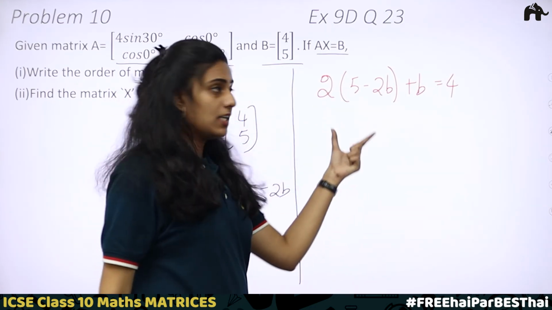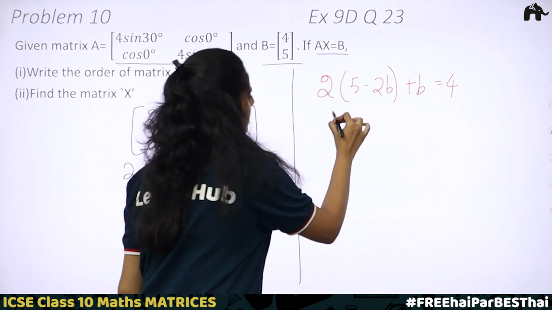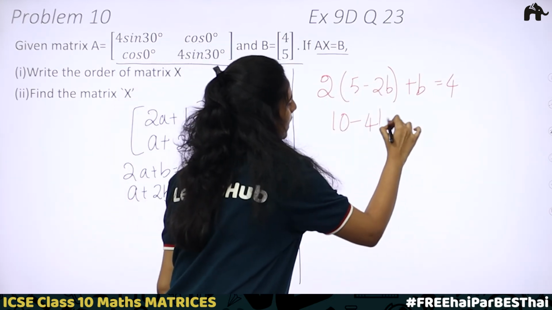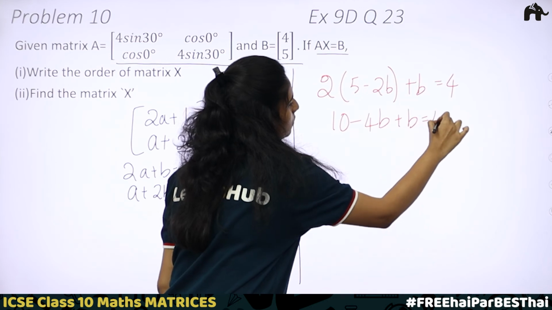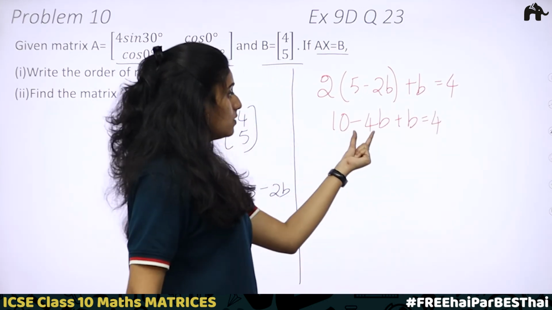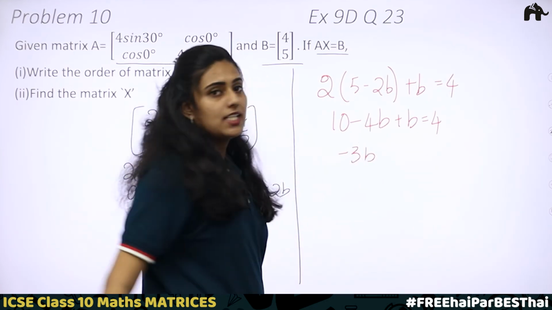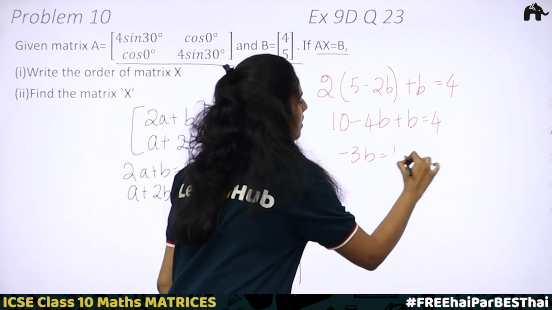Removing the brackets and multiplying 2 into 5, 10, minus 2 into 2b, that is 4b, plus b is equal to 4. Minus 4b plus b is minus 3b. So 10 minus 3b is equal to 4.